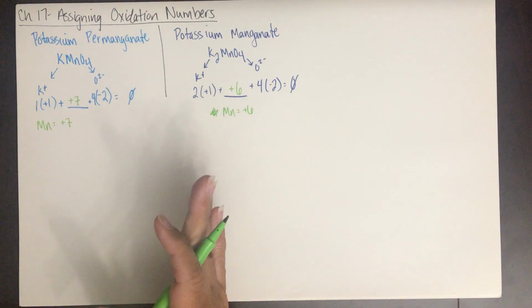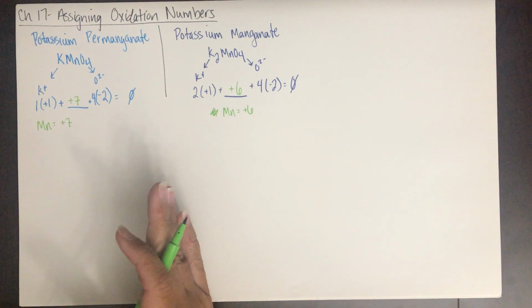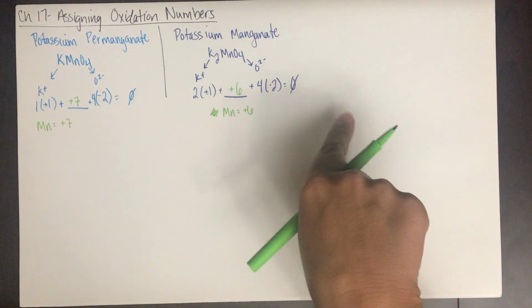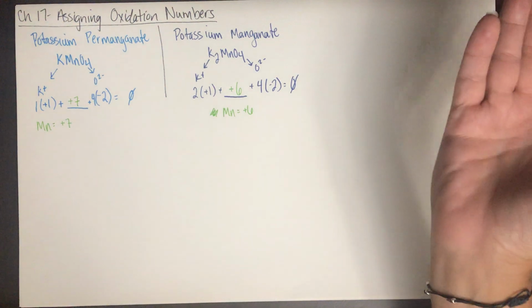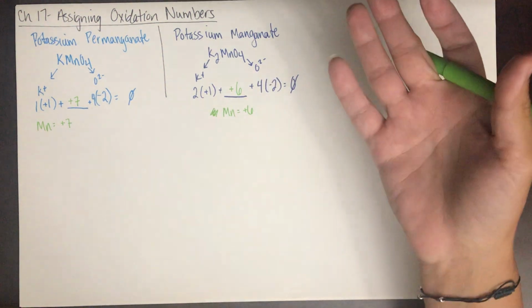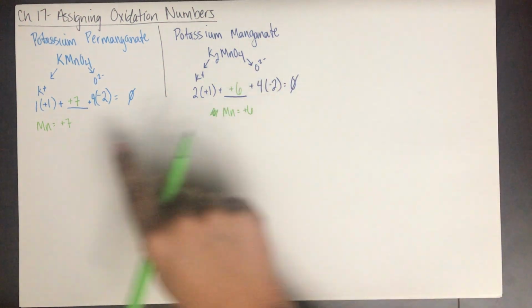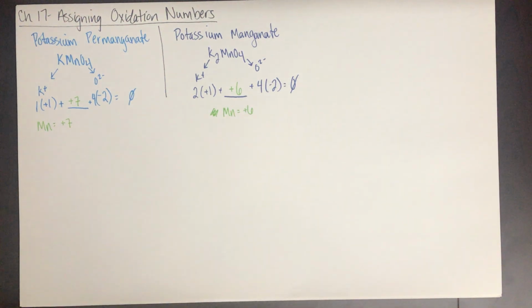The reason that this is important is because when we start writing oxidation reduction half reactions, the oxidation numbers are going to change on other sides of the arrow, and we need to see if that number is increasing or decreasing to know if the electrons are being gained or lost, to assign it as either an oxidation or a reduction, which is why we have to be able to correctly assign oxidation numbers. So let's look at another example.